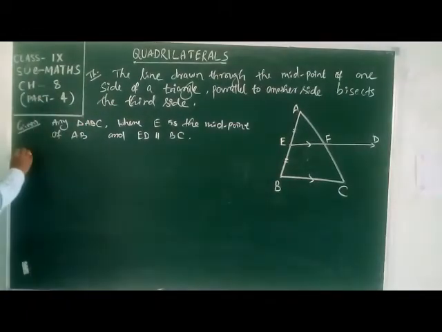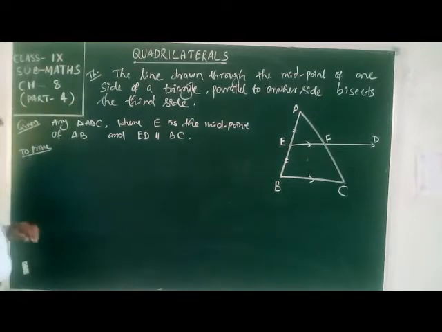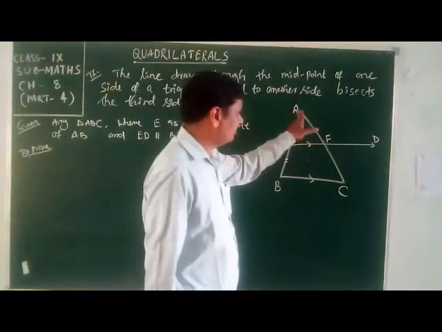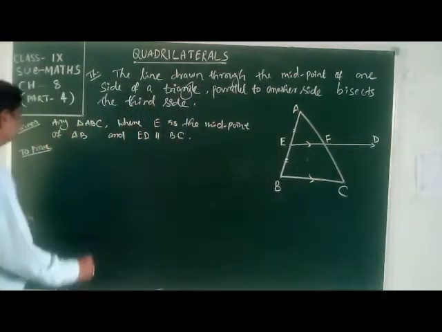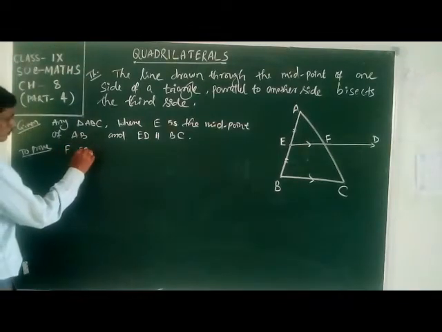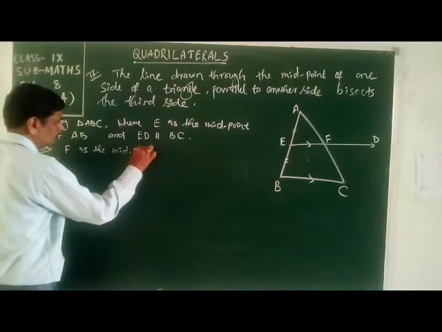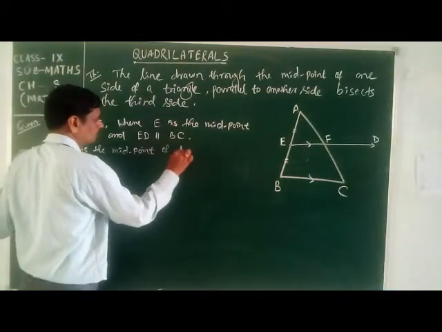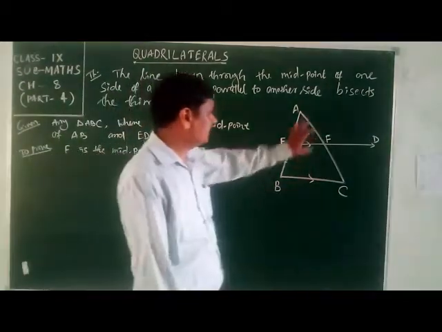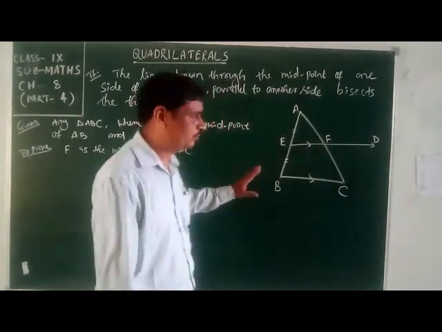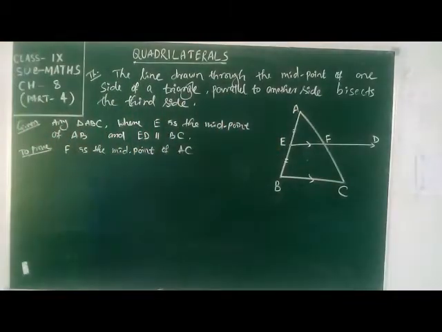Now we have to show F is the midpoint of AC, or it can be written as AF is equal to CF. We have to show this AF is equal to CF.